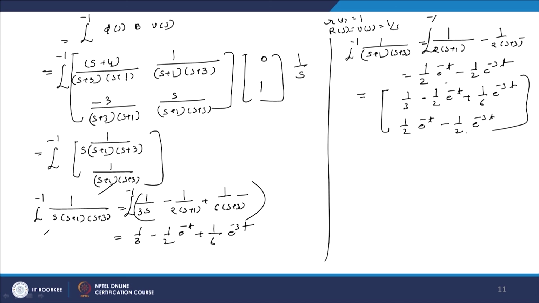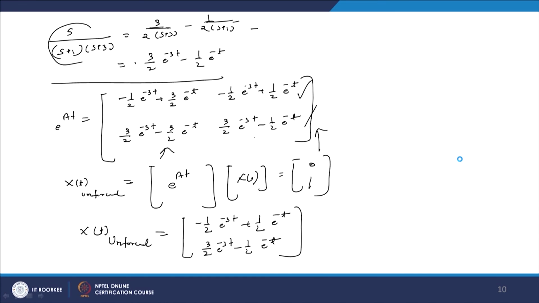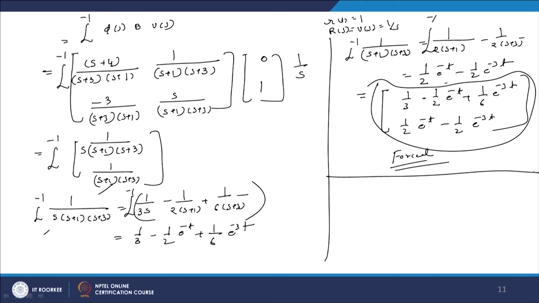Now, this portion is the forced part, and earlier we got the unforced part, and the complete state equation is a combination of unforced and forced. Now all these elements we have to add and see what final result we get.